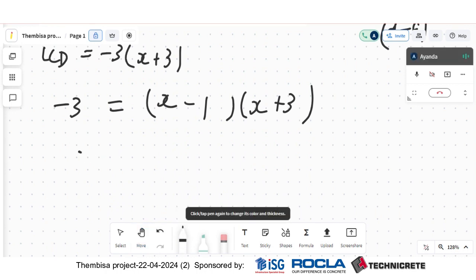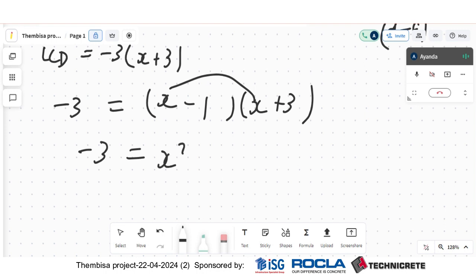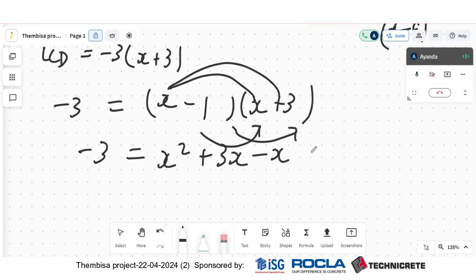And we'll have negative 3 is equal to, if we FOIL, x times x gives us x squared, x times 3 gives us positive 3x, negative 1 times x gives us minus x, negative 1 times 3 gives us minus 3.